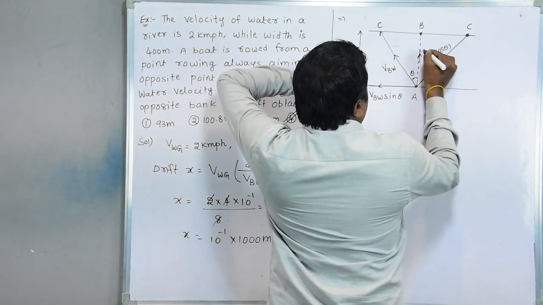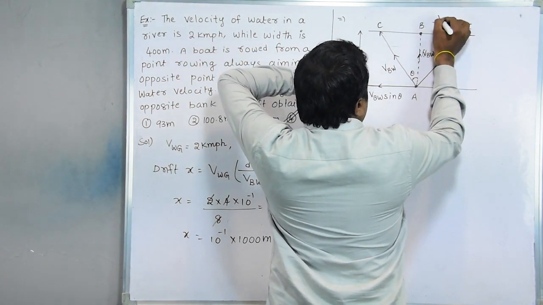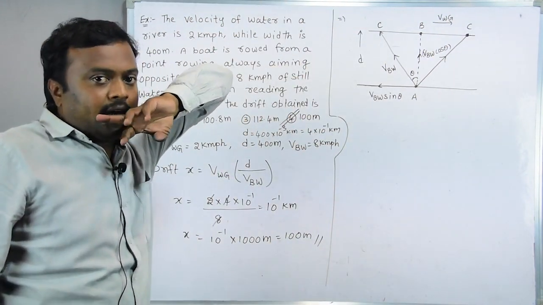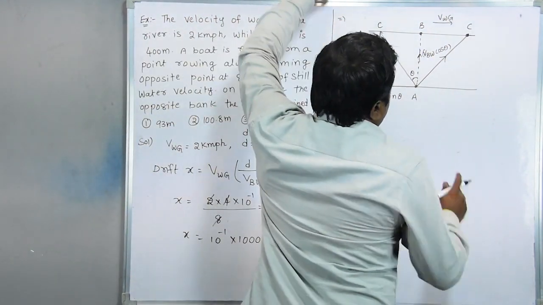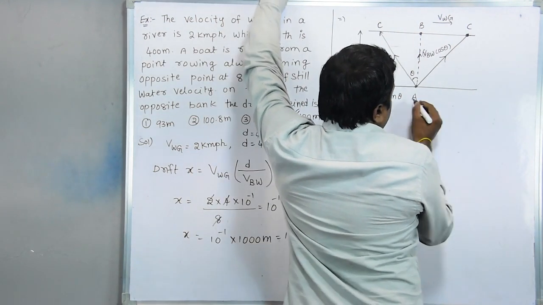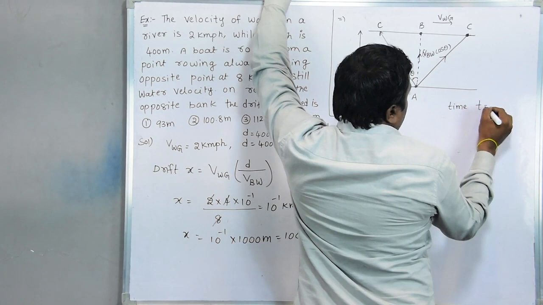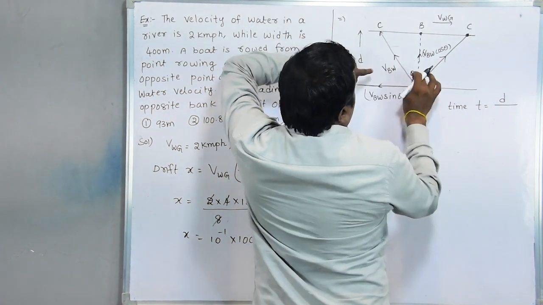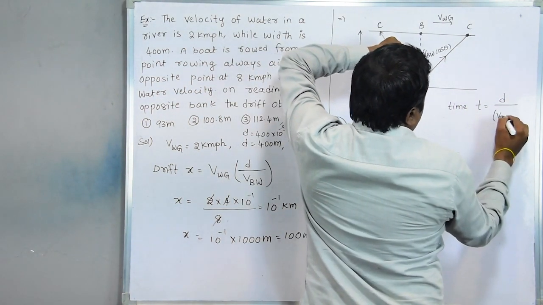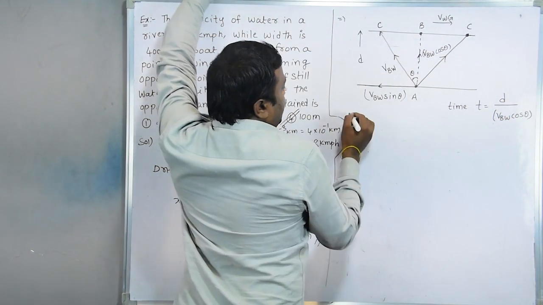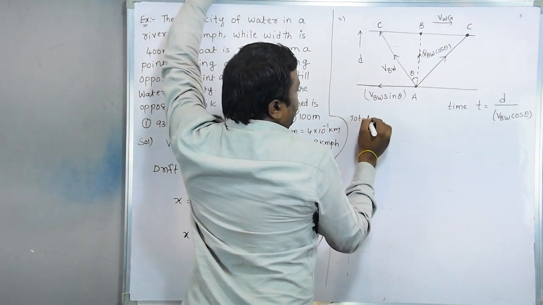And velocity of water with respect to ground is like that. And time taken to reach the opposite bank: T is equal to D by VBW cos theta, its exact opposite value.